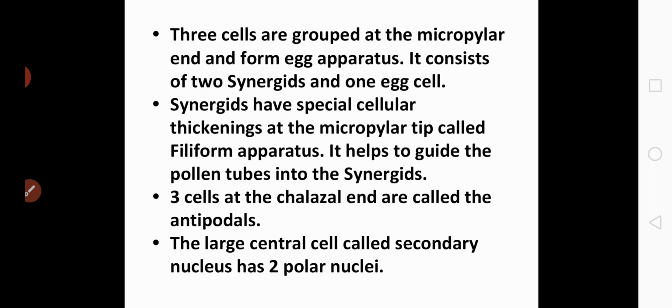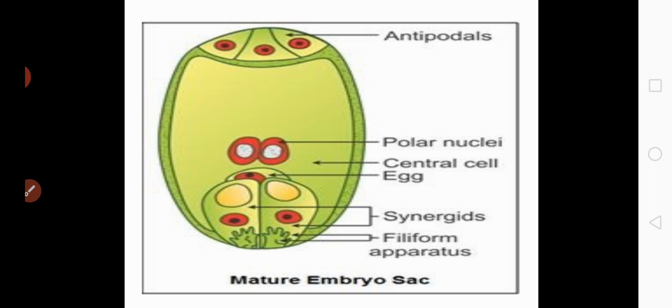It helps to guide the pollen tubes into the synergids. The 3 cells at the chalazal end form the antipodals, and the large central cell called the secondary nucleus has polar nuclei. So this is the structure of the mature embryo sac.